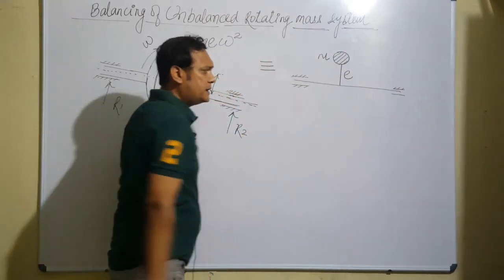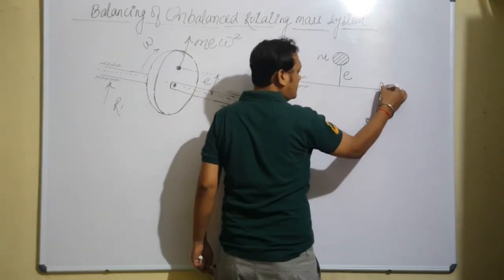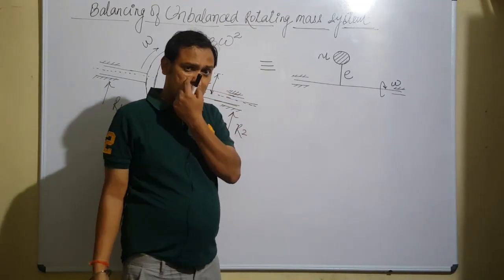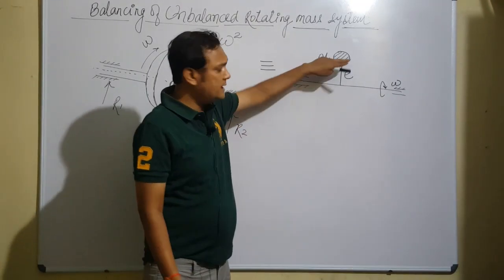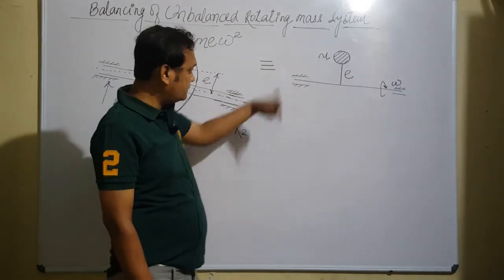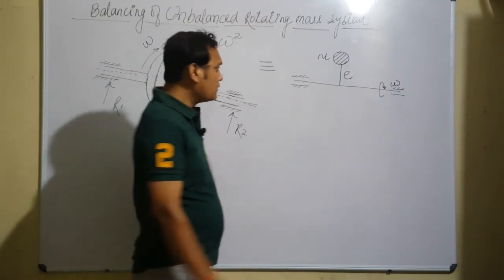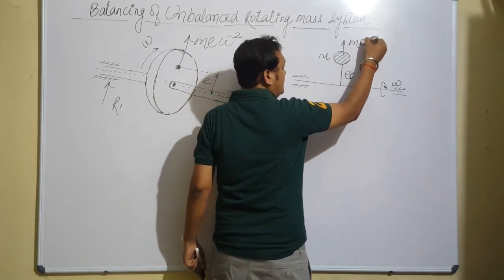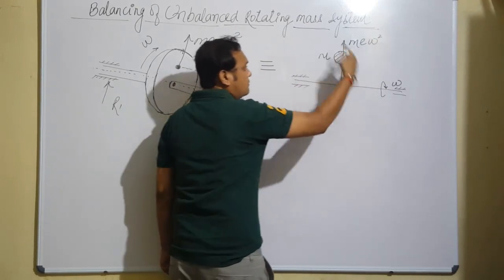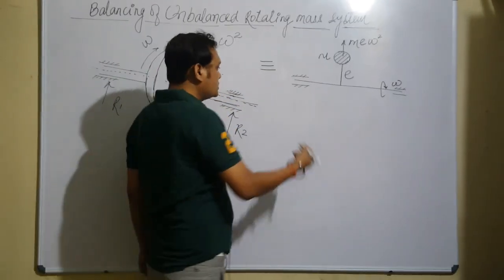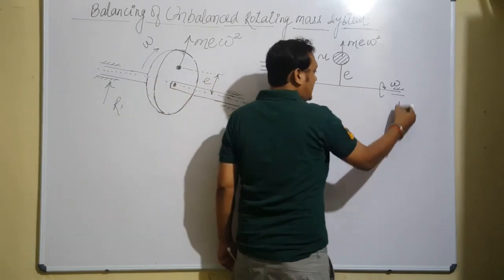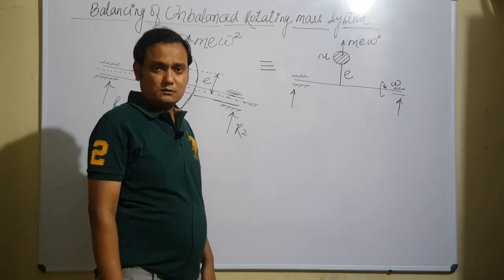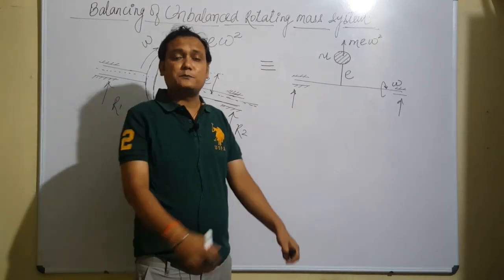This is the simple representation, rotating with angular velocity omega. The entire mass is placed at an eccentric position e from the axis of rotation, feeling an outward centrifugal force m e omega square, rotating continuously, and because of that, dynamic reactions are coming to the supports, which the supports are not supposed to bear.